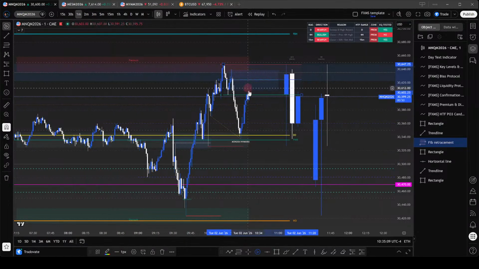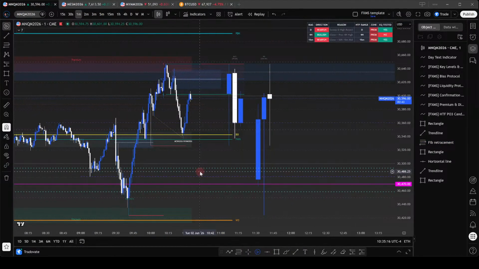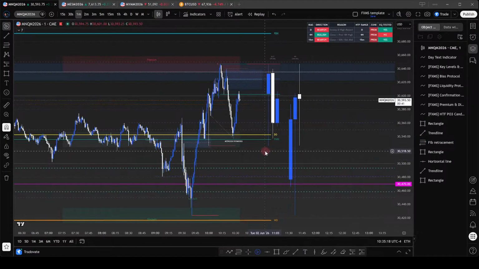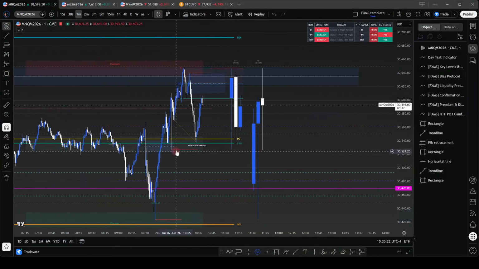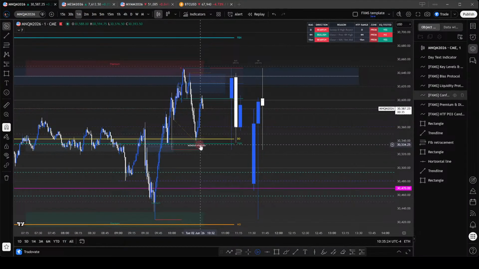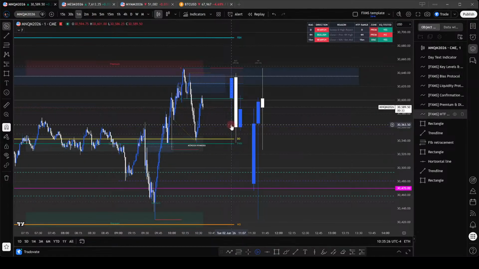And then I want to see this come down here and sweep something below here, and then we look for our buy setup in the discount. So this low here, right? Originally we were looking for this low here. We've got another one now, which is good.